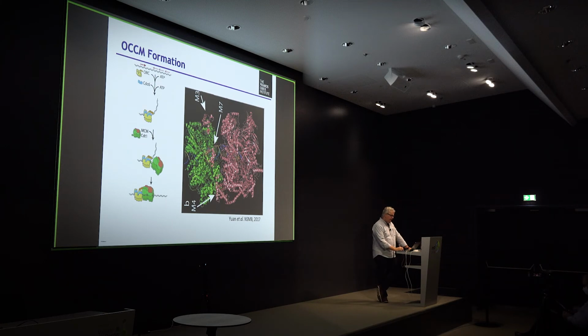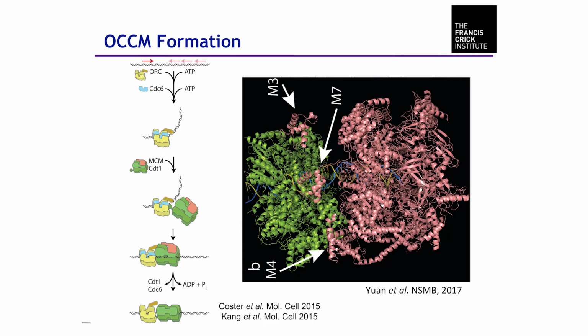And you can see these winged helix domains here, MCM3, MCM7, MCM4, interacting with ORC, and you can see the DNA passing through the central channels of both ORC and MCM here. So then what happens is that at this point, I should say the MCM2-5 gate is still open.